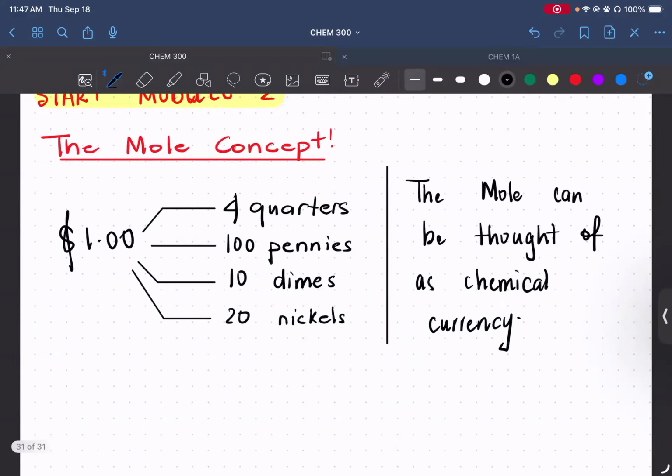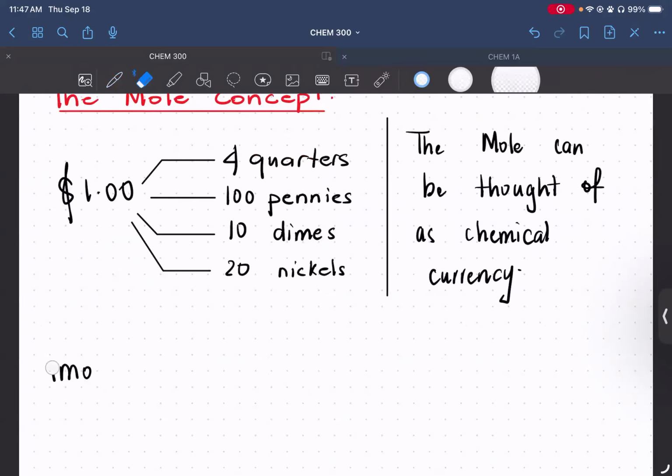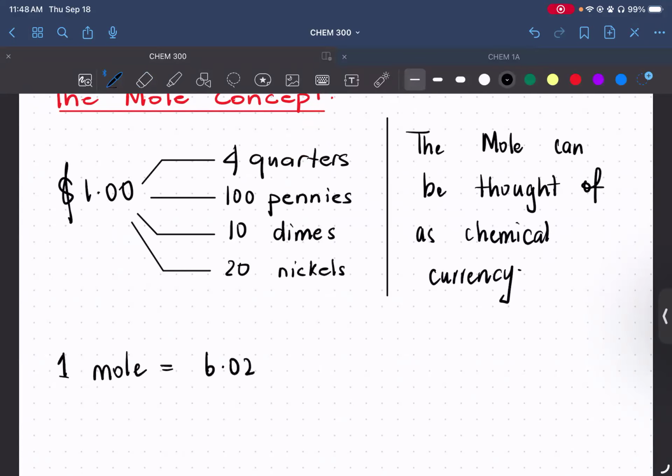So now, what exactly can we equate a mole to? Well, 1 mole of anything is equal to 6.023 times 10 to the 23 of anything.